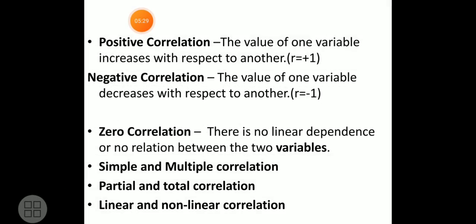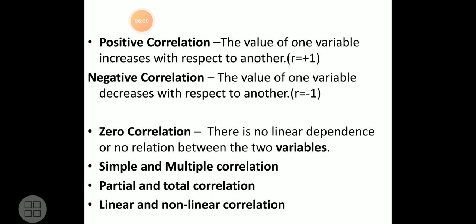As we have learned about positive correlation, if one variable is increasing, the other is also increasing, or if one variable is decreasing, the other is also decreasing. Such a correlation is said to be positive. Very simple things. Suppose a student goes from first standard, second, third, up to the 10th standard.